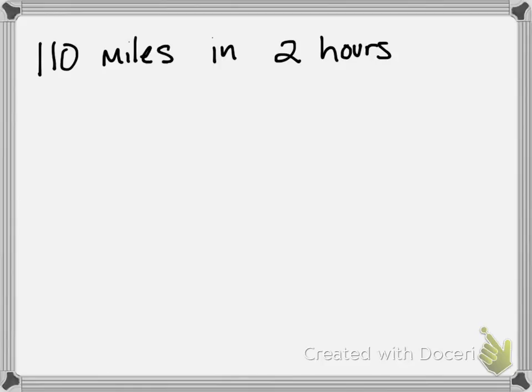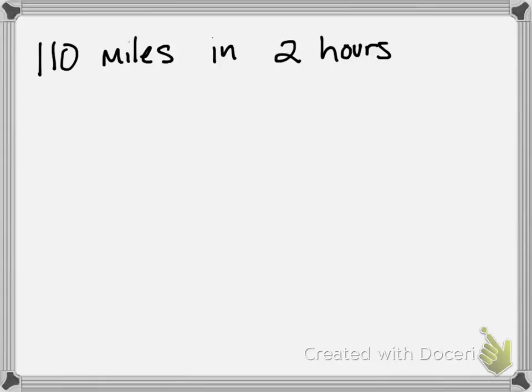One of the things that can be challenging when we're going to find a unit rate is understanding what our final units are going to be in. Kind of like, how are we going to do this division, so to speak? For example, 110 miles in 2 hours.